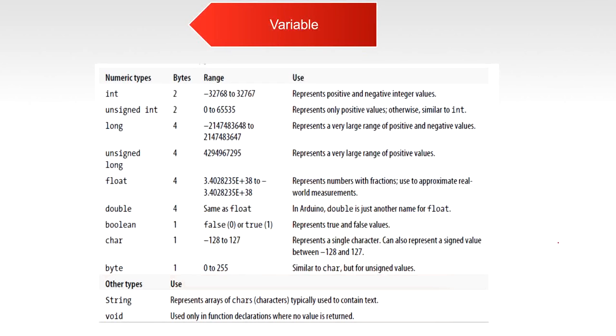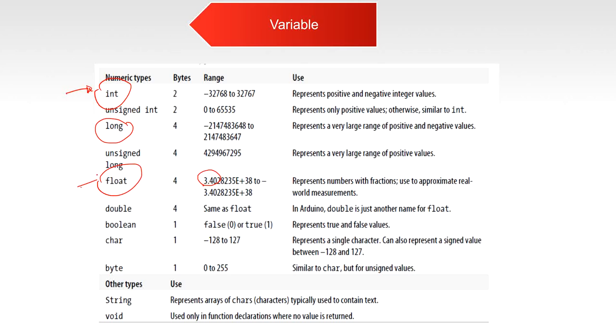So let's start with the first one, which is the variable. We have actually developed some applications in which we used the integer variable. Usually we will use the integer variable, the long variable for very big numbers, and then the floating point. Floating point is when we have a value that is not an integer. Float and double are usually the same, but the most common thing that we will use is the integer.